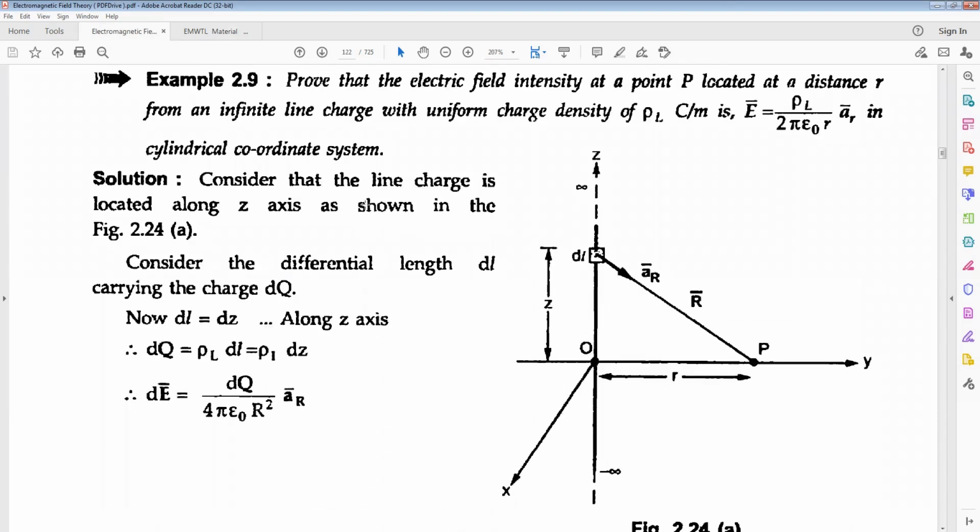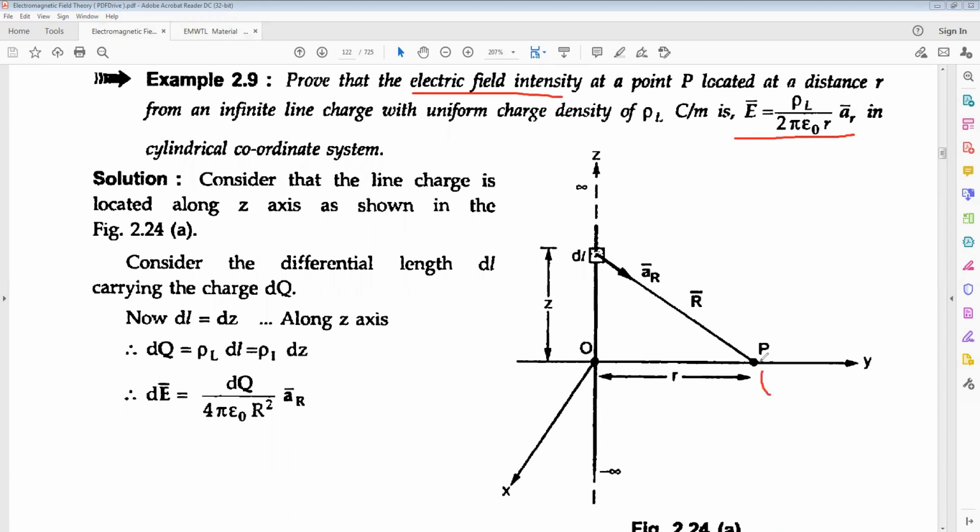Prove that the electric field intensity at a point P located at a distance R from an infinite line charge with uniform charge density rho L coulomb per meter is E bar equal to rho L by 2 pi epsilon naught R into aR bar. Using the expression for the infinite line charge, E bar is equal to. Let us see here, they are asking to prove the electric field intensity at a point P located at a distance of R from the axis.